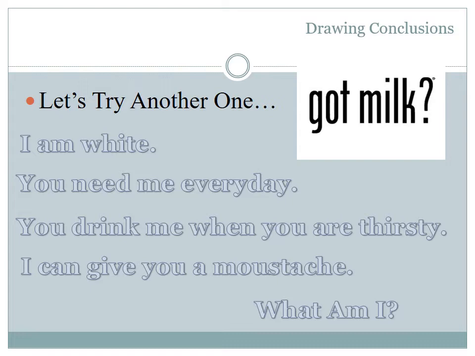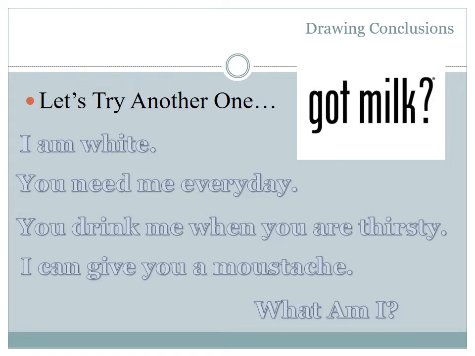Milk is white. Is that right? Okay, then we need it every day. Is that right? Yes, when we are still young, we need this milk because it helps us to get stronger or helps us be healthy. And then you drink me when you are thirsty. So we also drink this when we are thirsty.